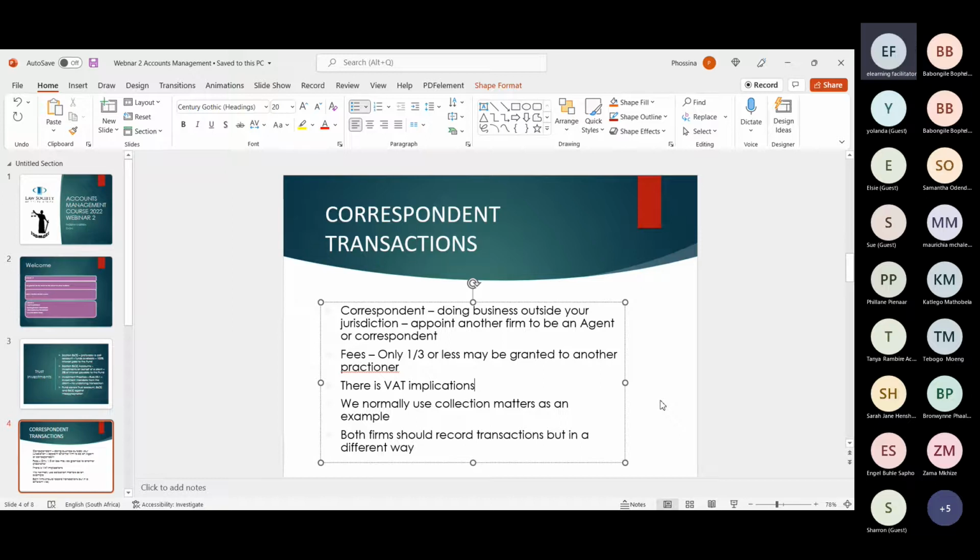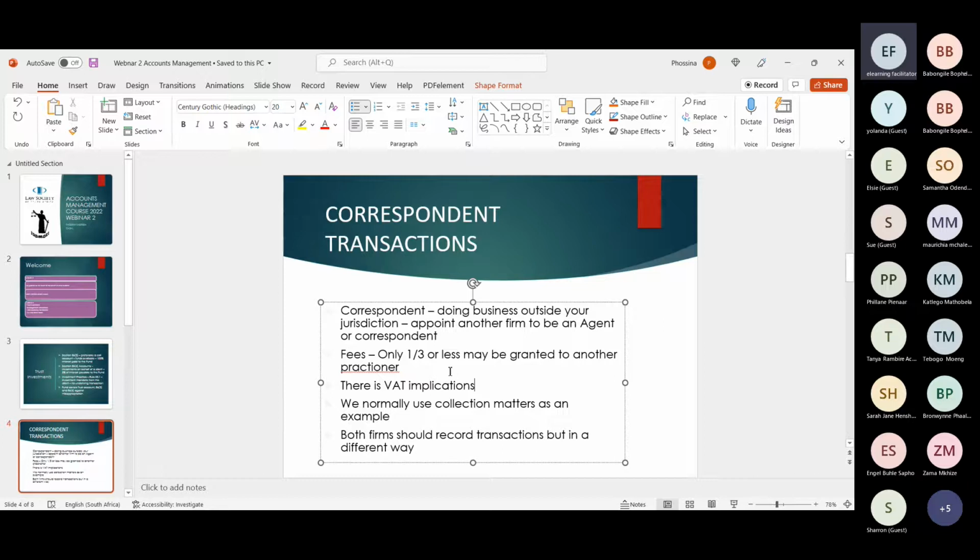If you open a file on behalf of a client and charge a fee, the correspondent attorney has to share. If the other attorney says there's no need to share, then it's okay. But if you agree to share fees, the maximum that you can share would be a third.